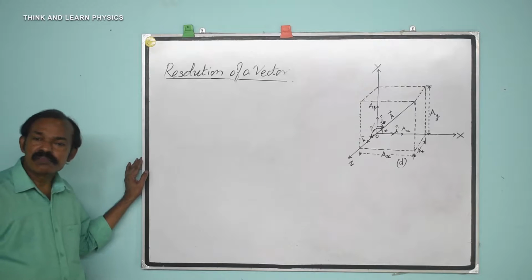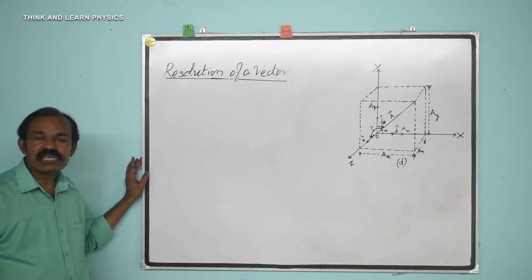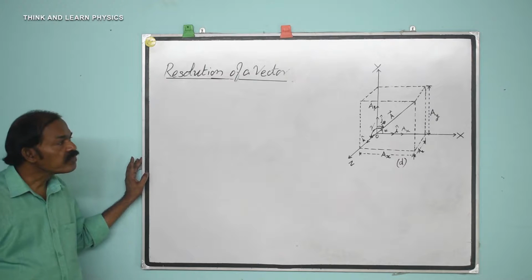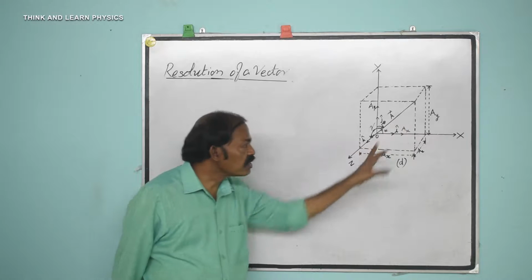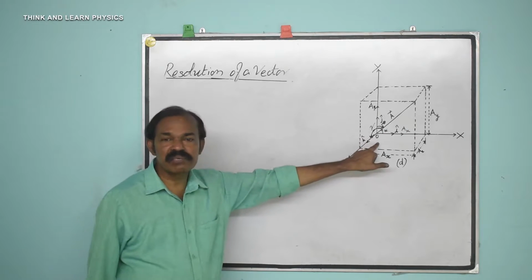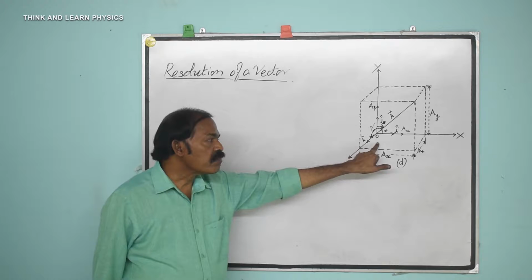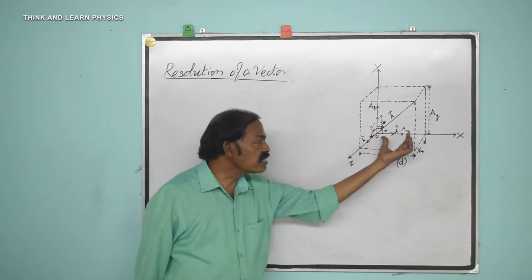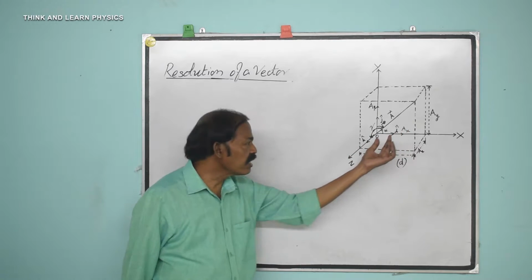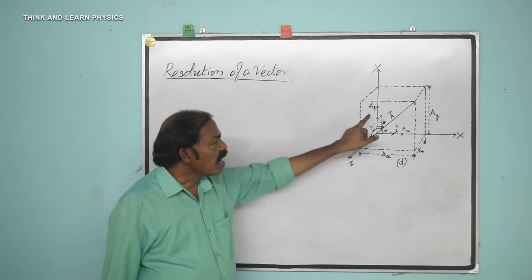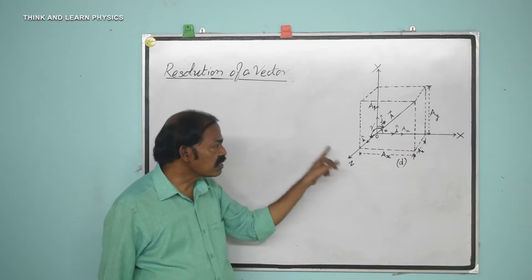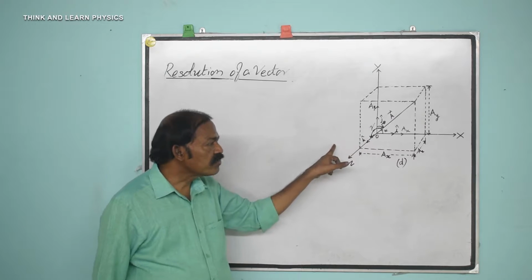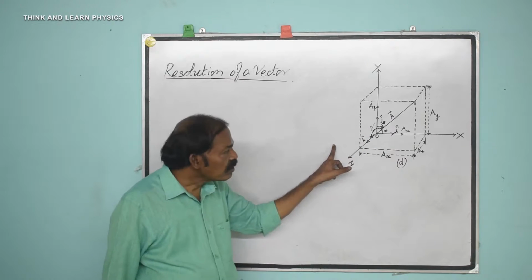Now let us see the method by which a vector is resolved in three-dimensional space. Here a vector, capital A vector, is shown in three-dimensional space. Its components along the x-axis is i cap into ax, along the y-axis j cap into ay, and along the z-axis is k cap into az.